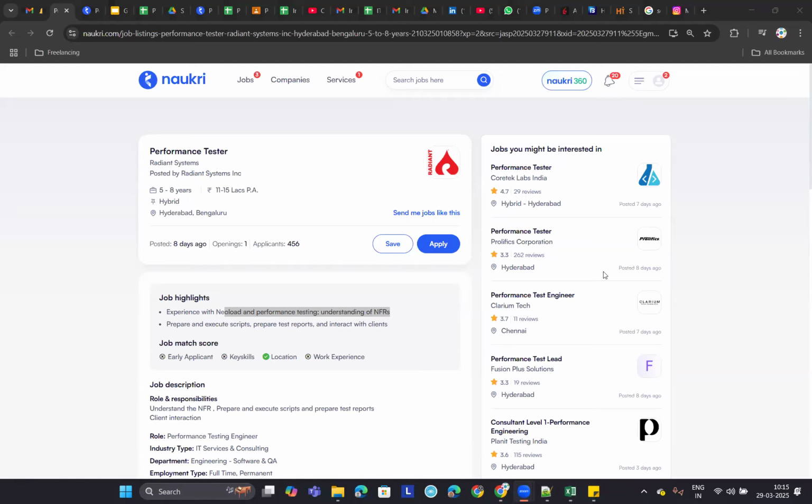The question is, what different non-functional requirements do you collect from your client before starting the project? In the planning phase we do this NFR. Did we complete NFR or not?